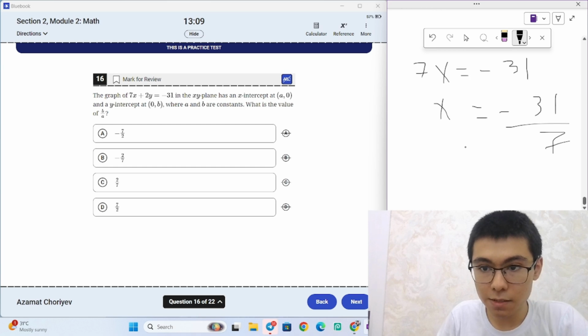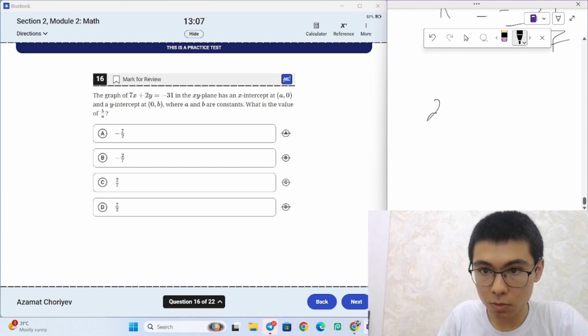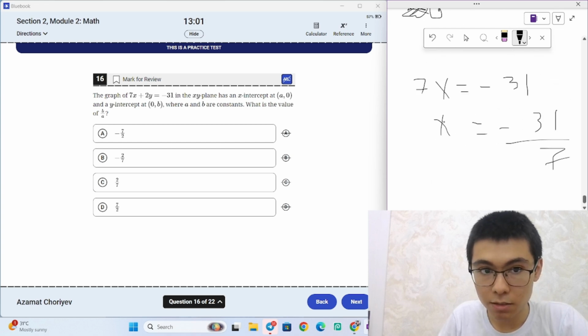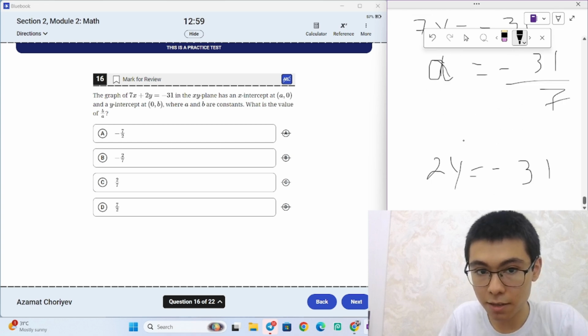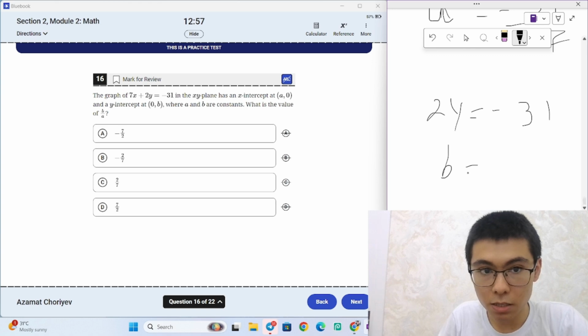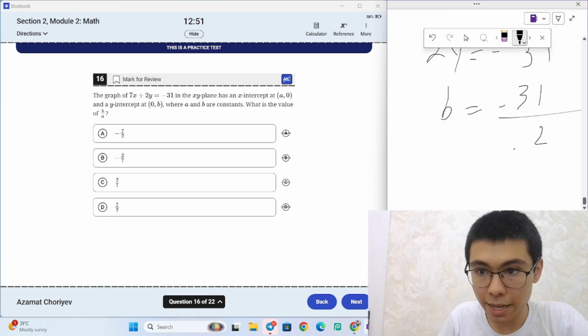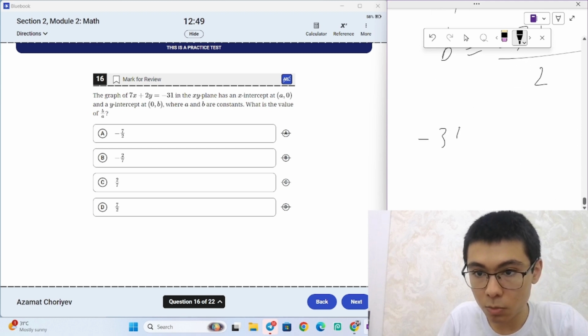So if x is 0, it's going to be 2y equals minus 31. This is actually a. And so b equals minus 31 divided by 2. So b divided by a.